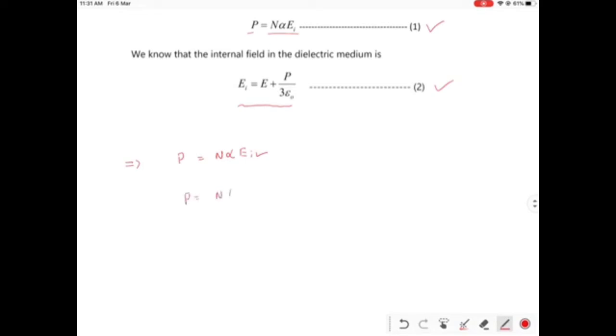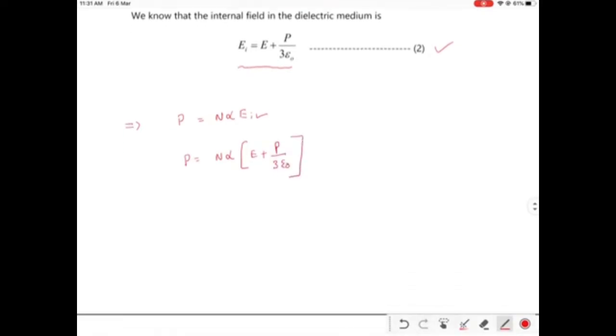That implies P is equal to N alpha E plus N alpha P by 3 epsilon naught.